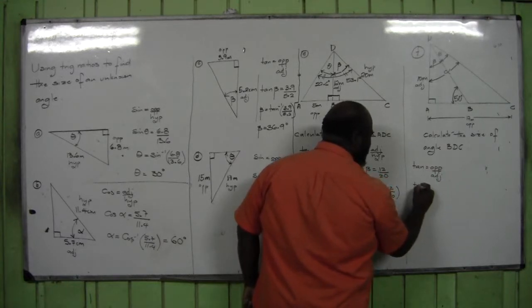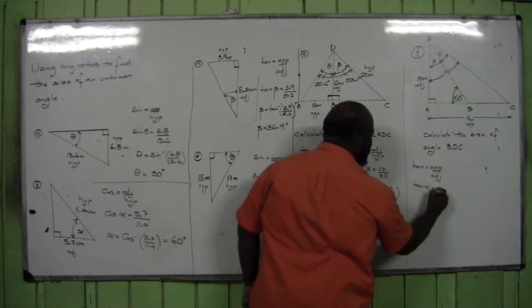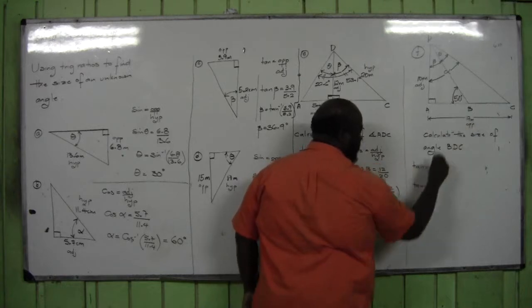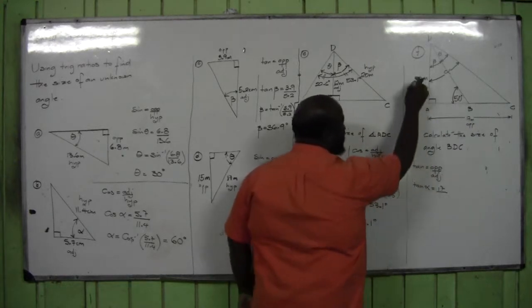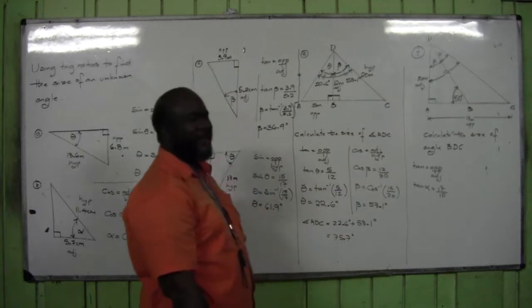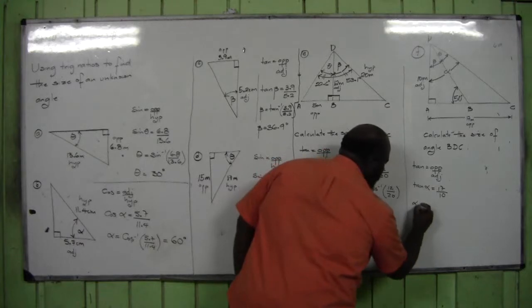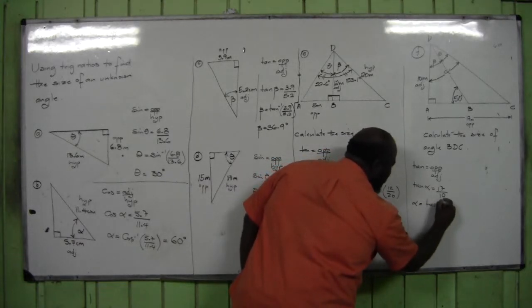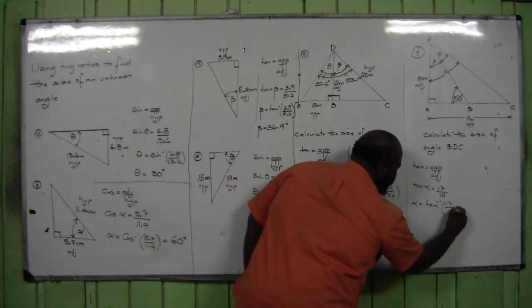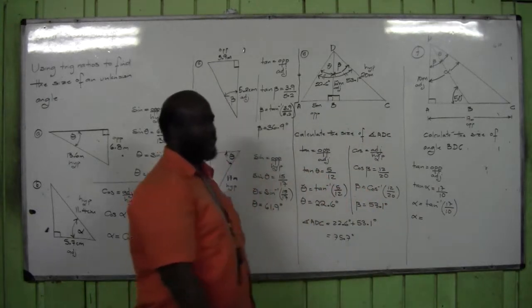Then the tangent of alpha, remember this entire thing is alpha, is equal to opposite 17 over adjacent 10. If I know the tangent of an angle, to find the angle I must use tan inverse. Alpha is equal to tan inverse of 17 over 10. Alpha is equal to 59.5.